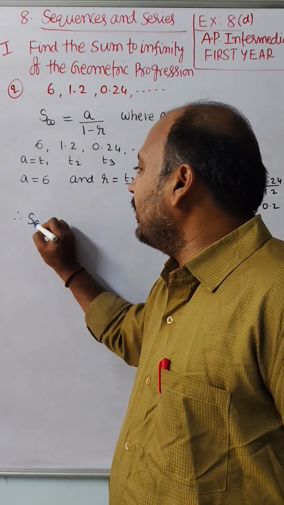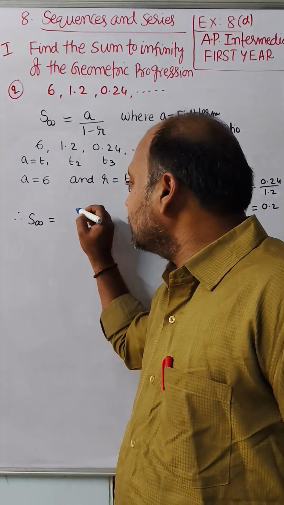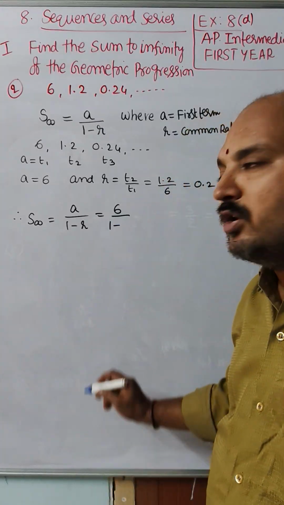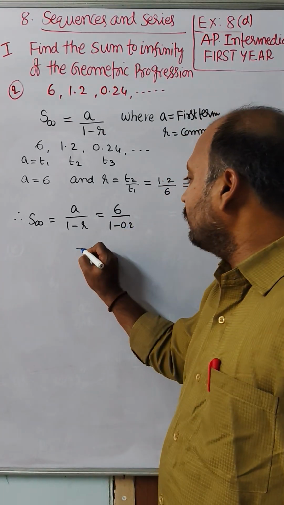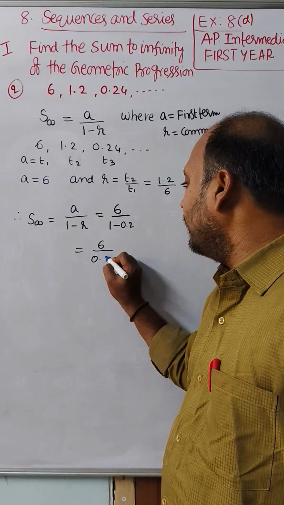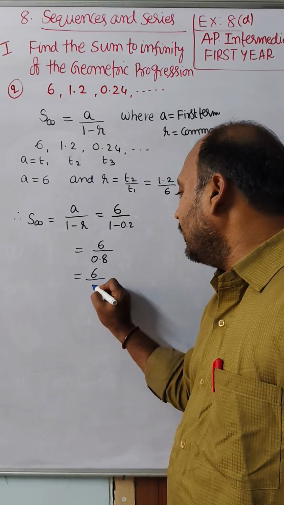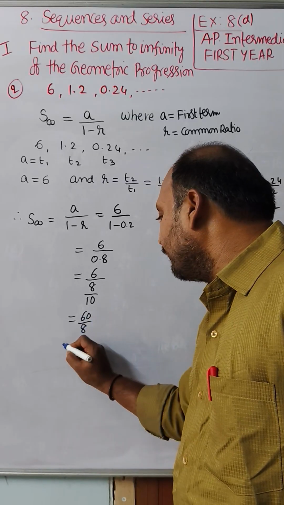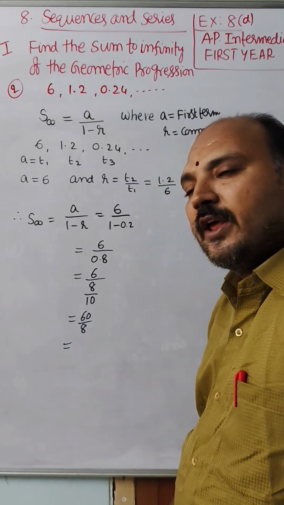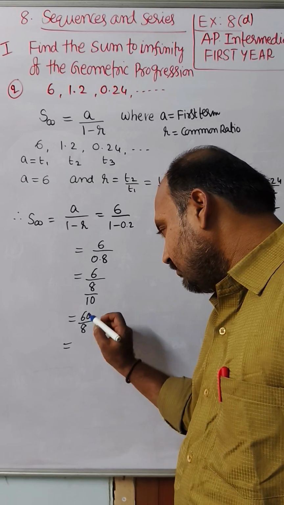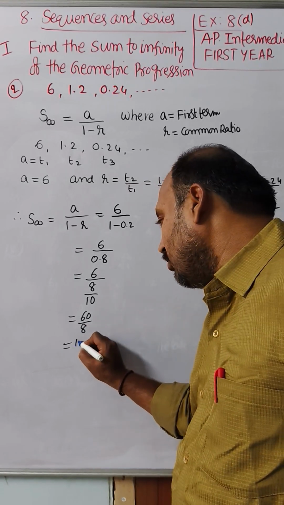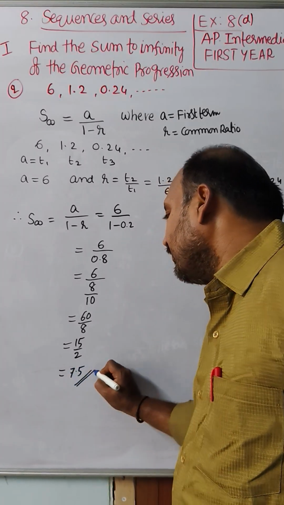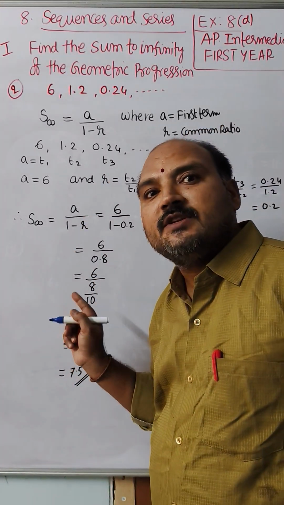So sum to infinity S infinity equal to A by 1 minus R. A value 6 by 1 minus R value 0.2, which is equal to 6 by 0.8, that is 60 by 8. Simplifying, 4 fifteens are 60, 4 twos are 8, so 7.5. Therefore, the sum to infinity of the given series is 7.5.